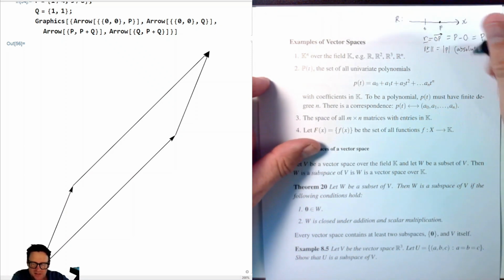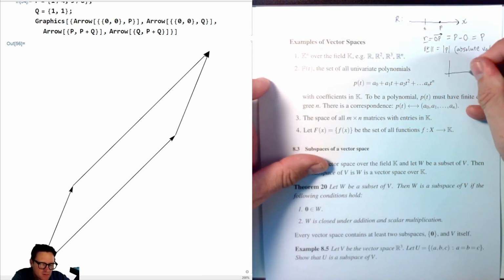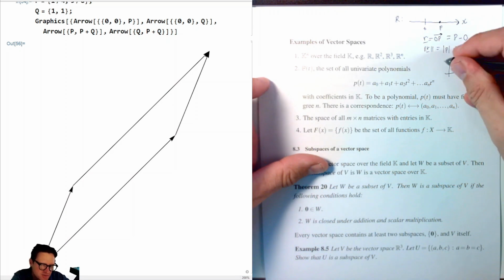Okay, now what about R2? So in R2, we can think of vectors as arrows in a two-dimensional space.